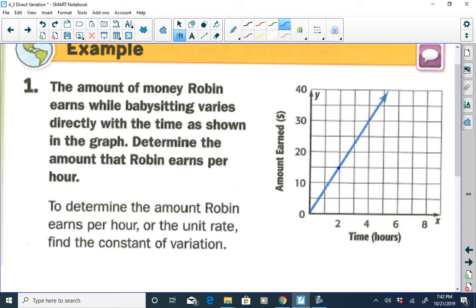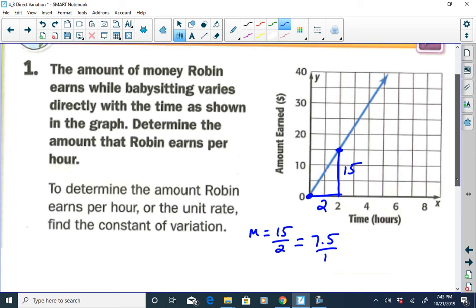Well, in order to find the slope, like we did in the previous lessons, we have to choose 2 points on that line. My change of y here, in between 10 and 20, that's a vertical change of 15. My horizontal change is 2. So my m is going to be equal to 15 over 2, and 15 over 2 simplifies to 7.5 over 1.